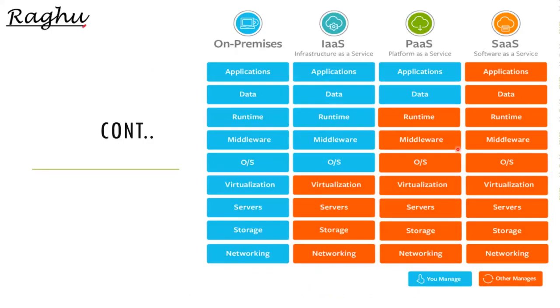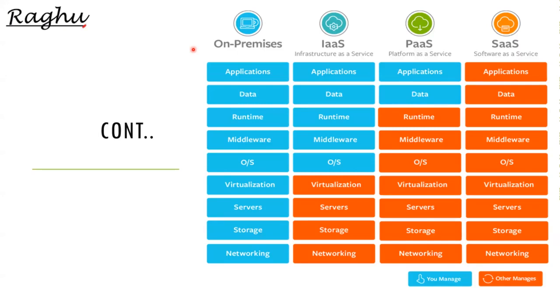Let me show more details about this. Observe. Look at the first category, on premises. On premises means, as an organization, I'll buy my own server by investing some $10 million or some $5 million. I'll get my physical servers and establish them at my organization in some space.